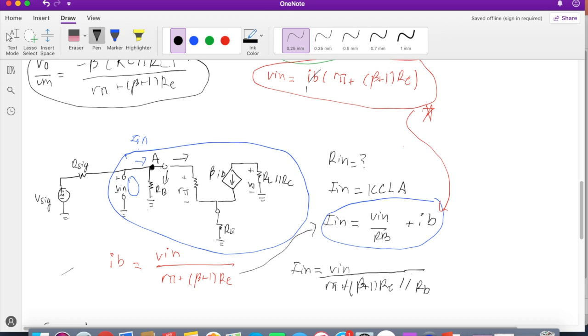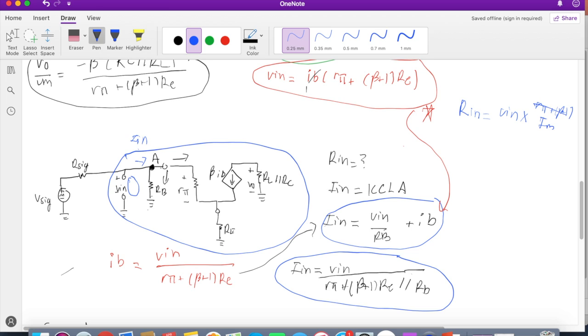We see that it's V in divided by I in. So we can simply just leave that V in here and the V ins will cancel out. So at the end, this will be our final input voltage. We can write R in equals V in multiplied by R pi plus beta plus 1. Let's just write this as I in for now.